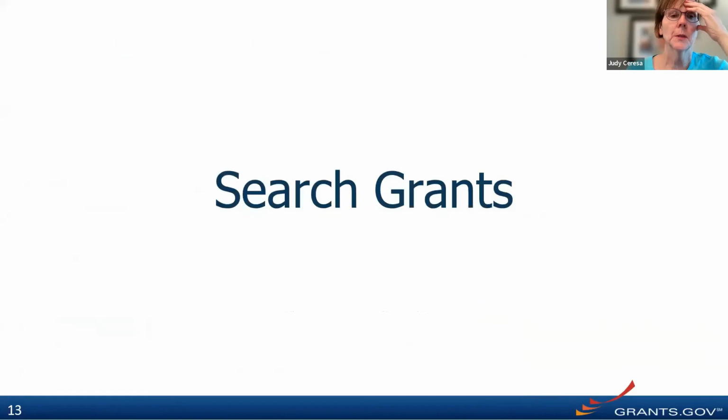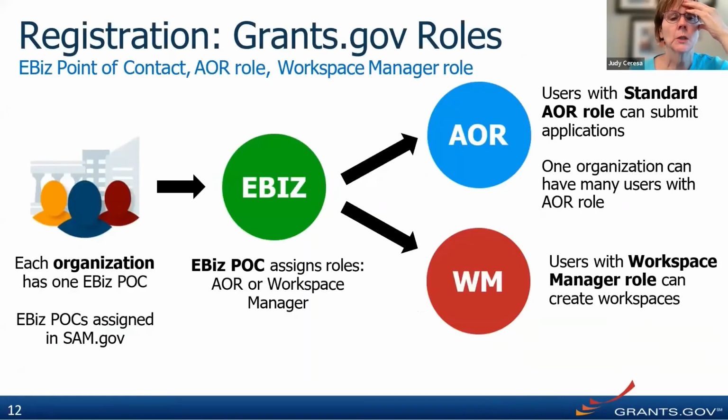Here we go. So the e-business point of contact, again, is the electronic business point of contact. We just shortened it and called it eBiz. You have to have a SAM account, and it has to have been active at some point for us to have your information from SAM. That would include your UEI and your EBiz POC. We get the email address.